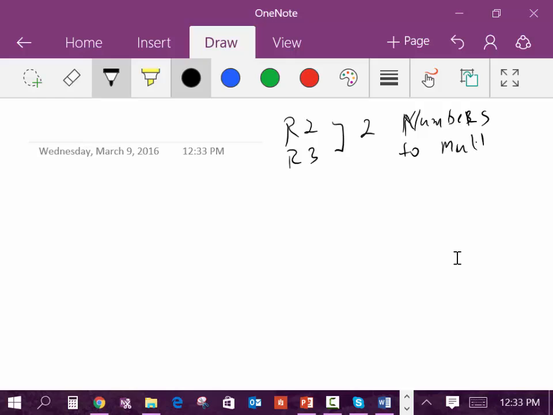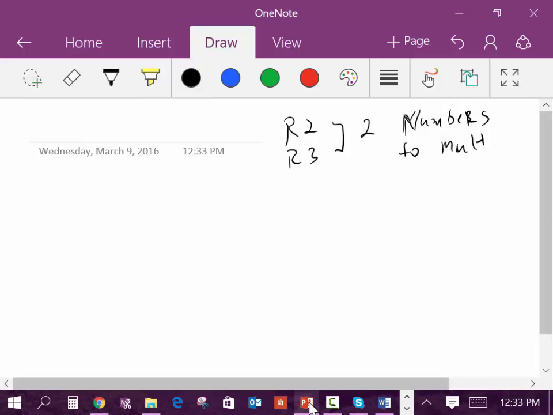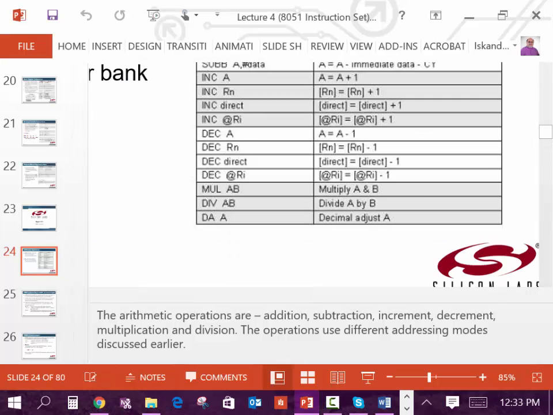Now when we multiply two 8-bit numbers, we get a 16-bit answer. So if we go back and look at our multiply command, our multiply command is multiply A and B.